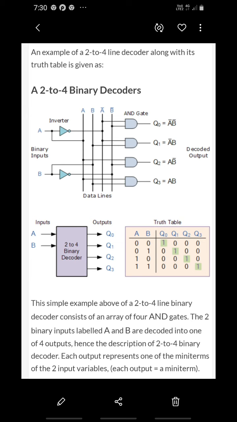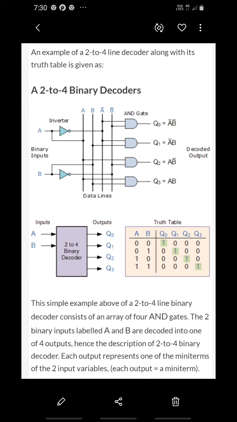From the above truth table, Q0 is equal to, based on the SOP form, where 0 is the complement and 1 is the uncomplement, A bar B bar.